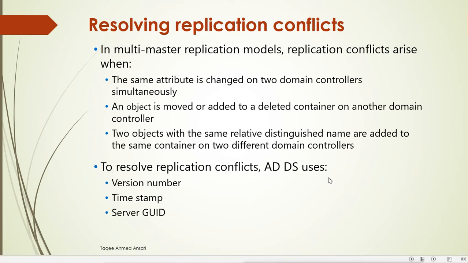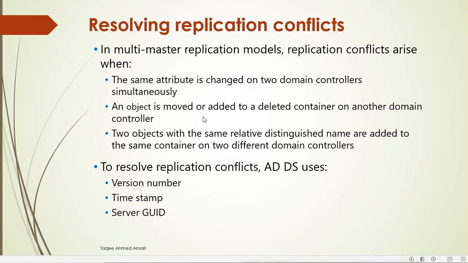For example, we have user 1 on DC1, and we see the same user on DC2 also. From DC1, some administrator changes the first name, or changes the department to IT, and from the other domain controller, some other administrator changes the information to some other department. Whatever it is, if it is changed simultaneously, it leads to a conflict.